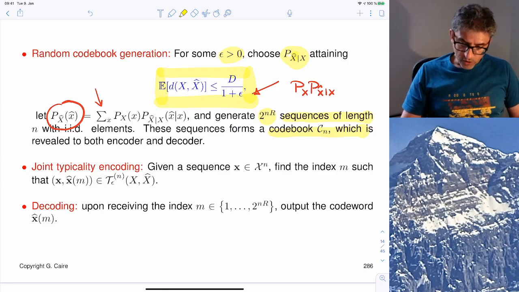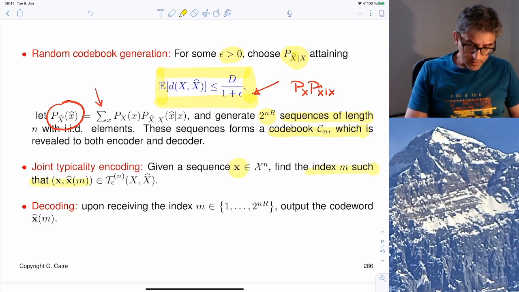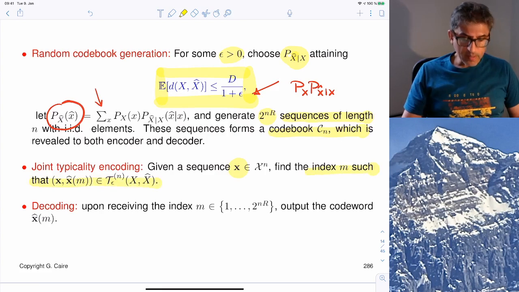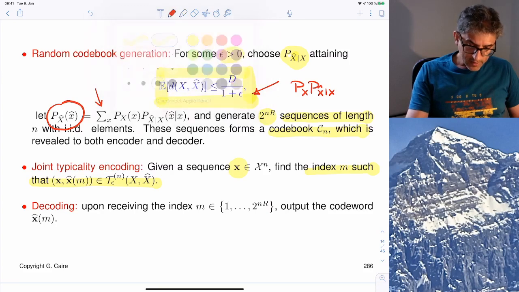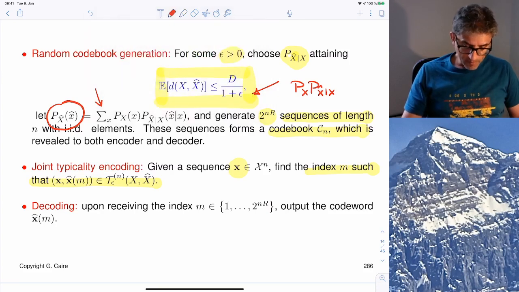The encoding function works as follows. Given a source sequence x, find the index m such that there exists a jointly typical code word x hat of m in the codebook.